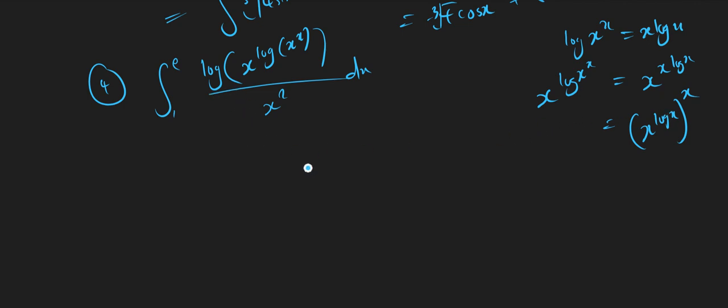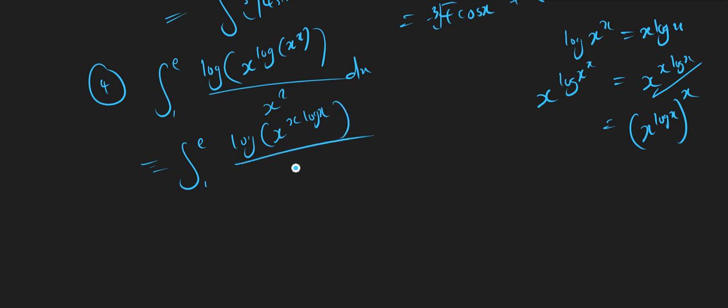Since we take logarithm, let's say we have the integral from 1 to e of the logarithm of x to the x log x, then all divided by x squared. So you remember that logarithm of a to the b is b log a.